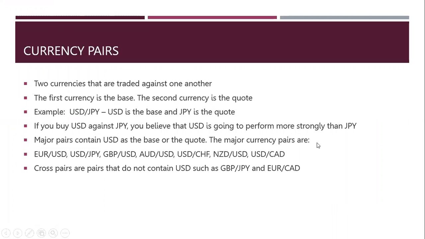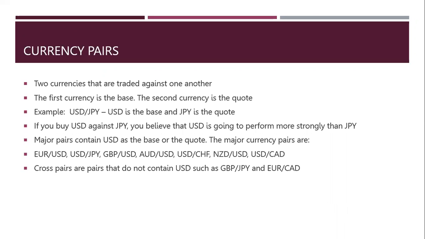Okay, so currency pairs. Currency pairs are two currencies that are traded against one another. The first currency is the base. The second currency is the quote or counter. For example, you have the USD JPY, which is the US dollar against the Japanese yen.